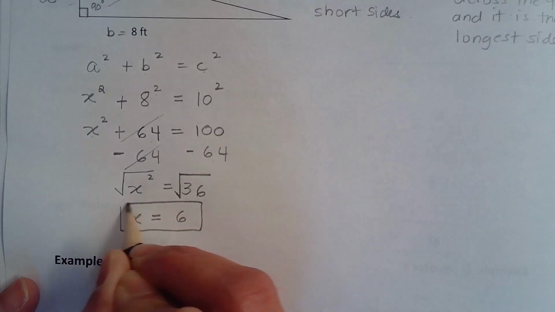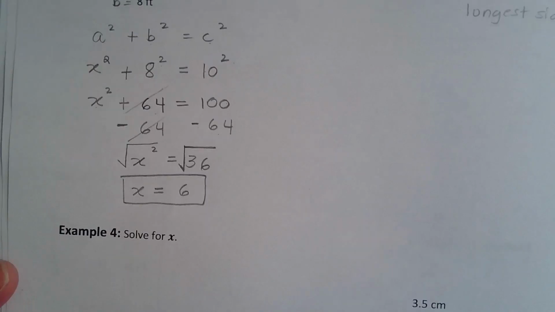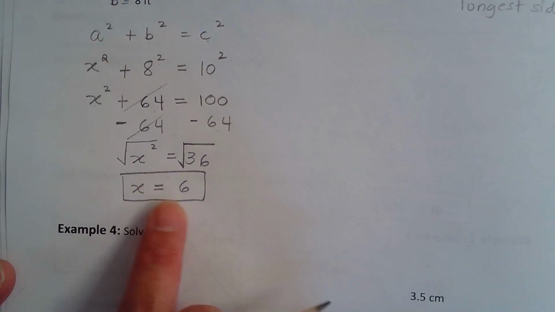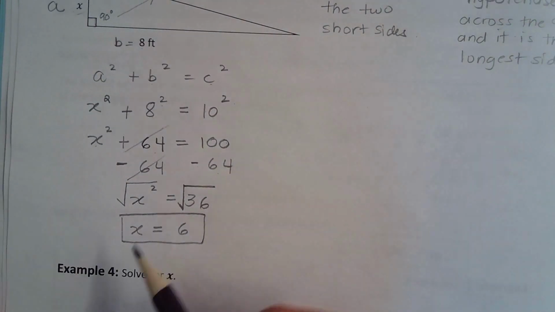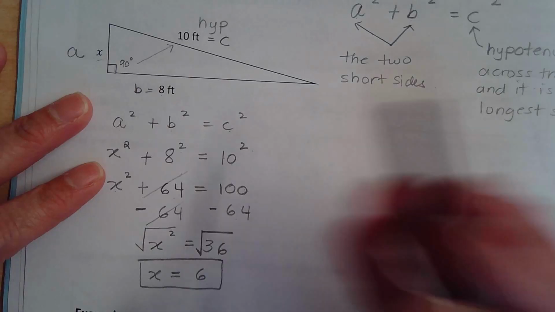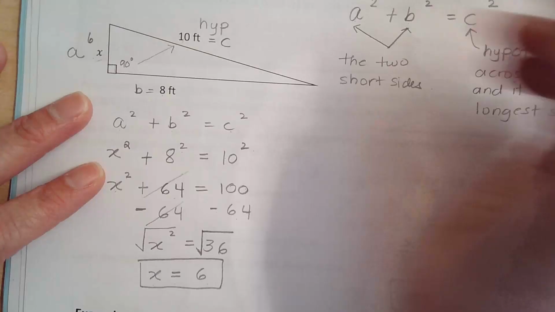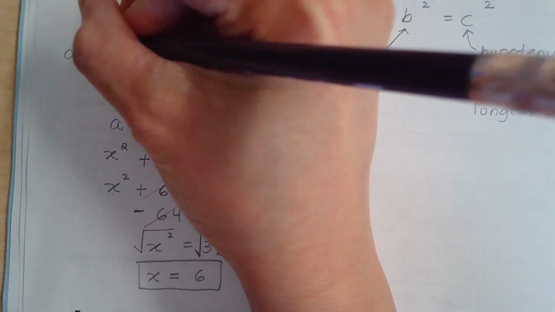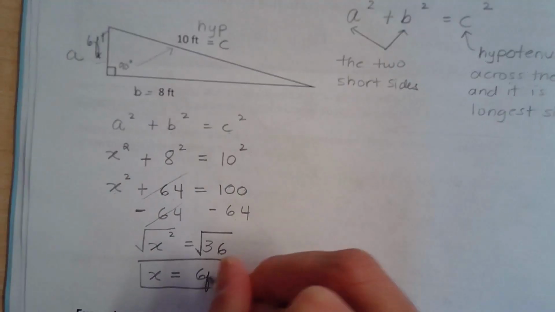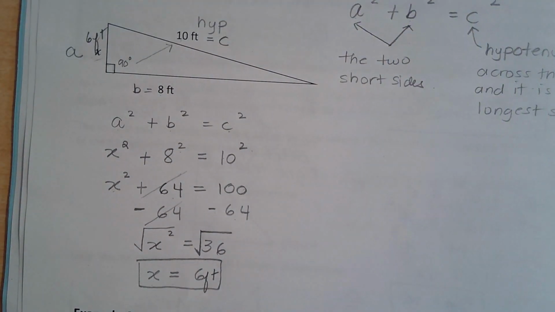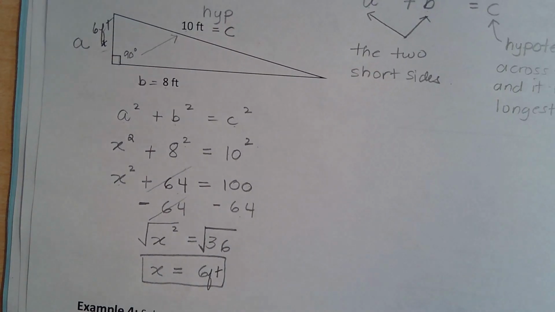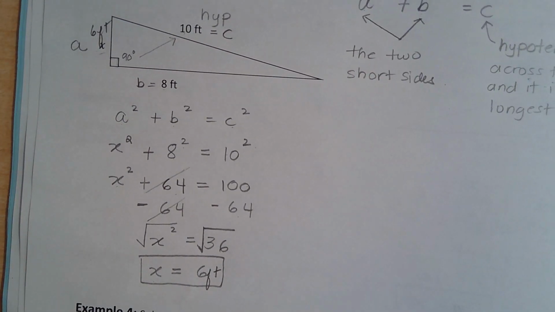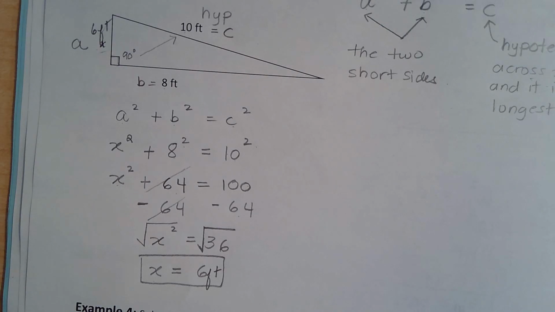So that's our number. x equals 6. Oh, I forgot something. I forgot the unit. So x equals 6, and that's in feet. So 6 feet. Okay? Is that good? Any questions there? You okay?